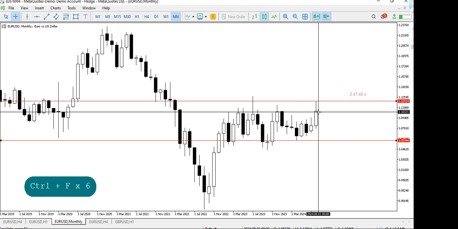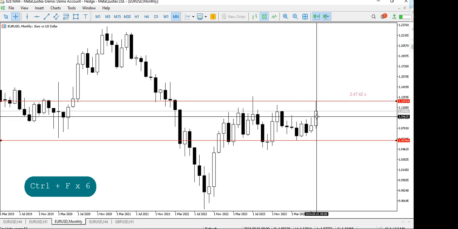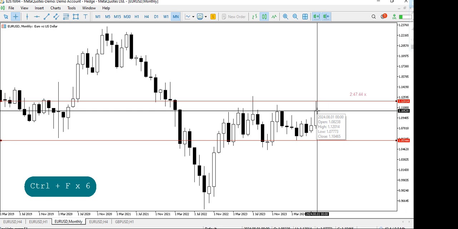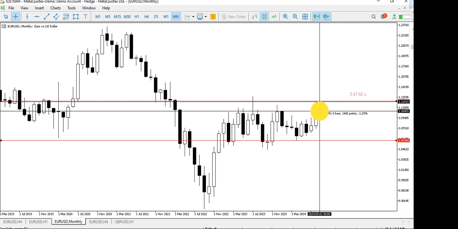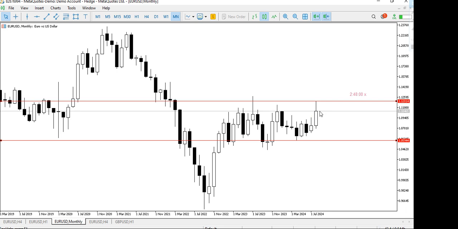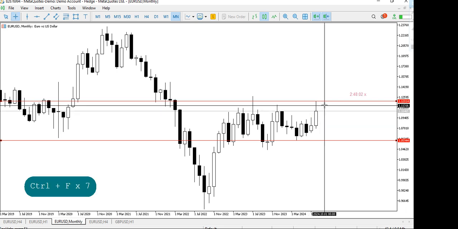It broke out of that channel, but it failed to close. You can see this long wick, which means there's a lot of rejection back to this point. Price was not strong enough to close above this point, which means strong bearish pressure is really coming in. Now, if it had closed somewhere here, we would know that bullish pressure was still there.